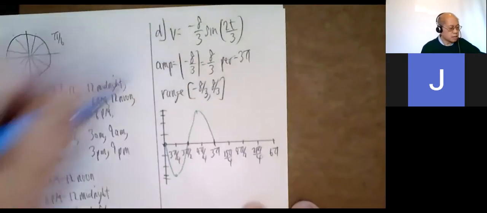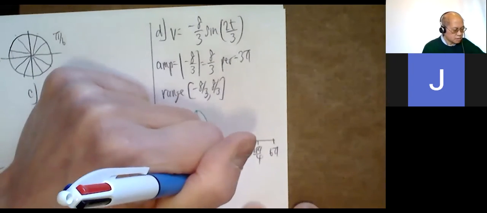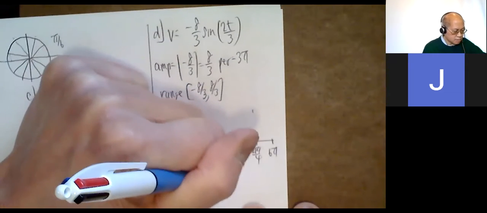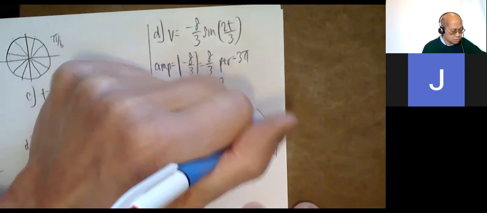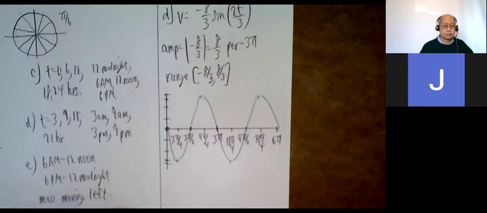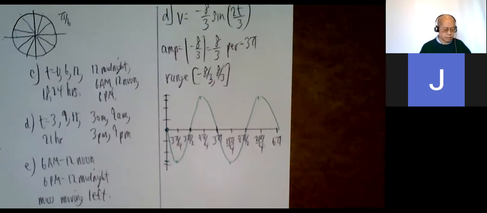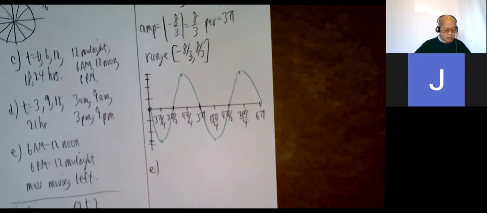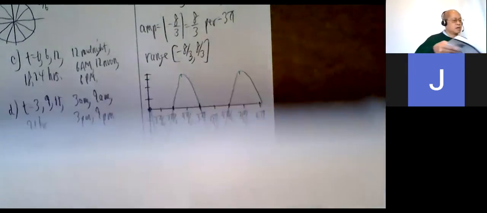And copy and paste one more time. So there, there, there, there. So there we go. That's D.